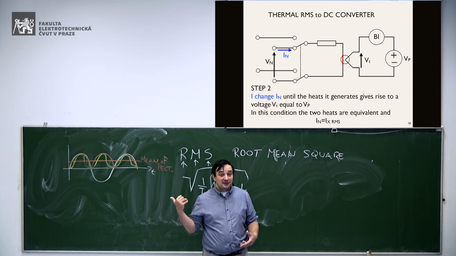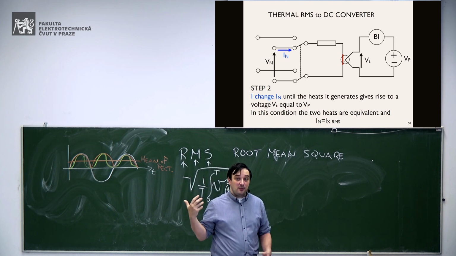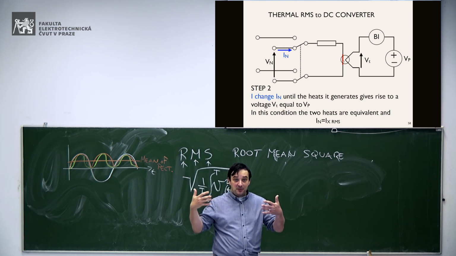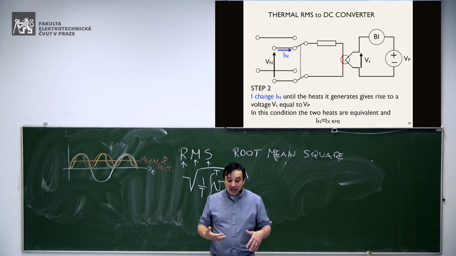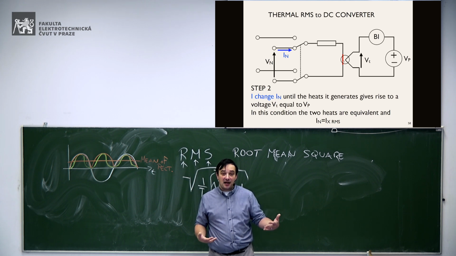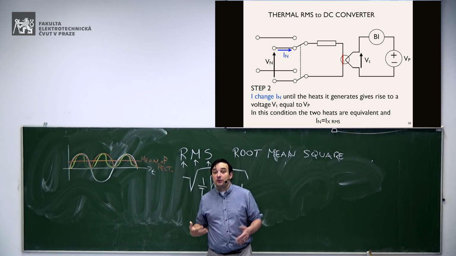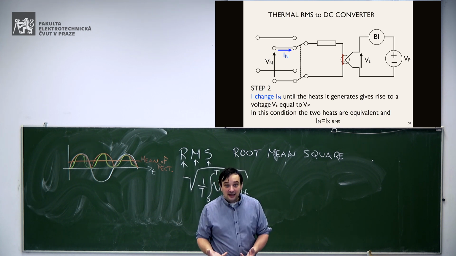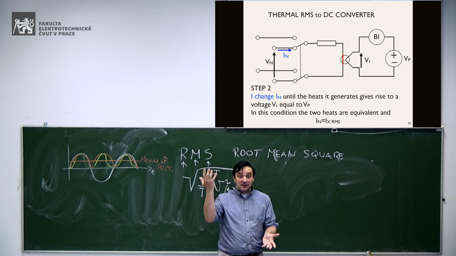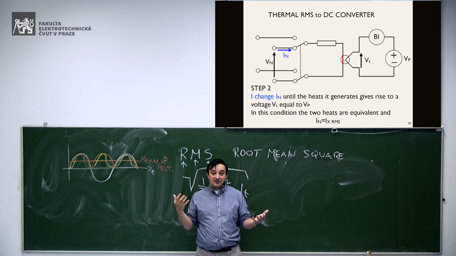But Vp still has the previous value of the voltage, that voltage that we applied in order to have a balance between Vt and Vp. So now we produce another amount of heat because we have a different current, In. We will therefore get another value of Vt, and we lose the balance because Vp still remembers the previous value of the voltage that we applied to get a balance.